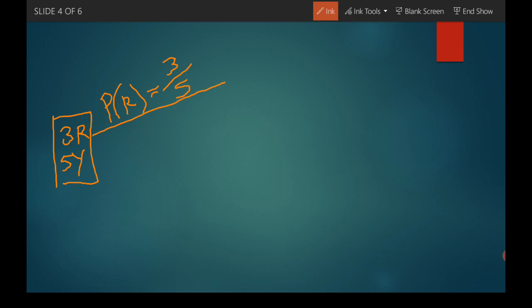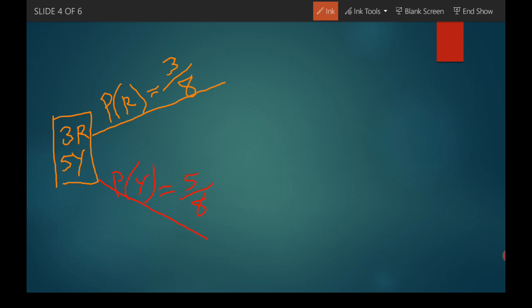Again, by chance, I can pick out a yellow ball. For this case, the probability of picking out a yellow ball is equal to the number of yellow, which is 5, divided by the total, which is 8. Here I made a mistake, sorry. The total is 8, like that.